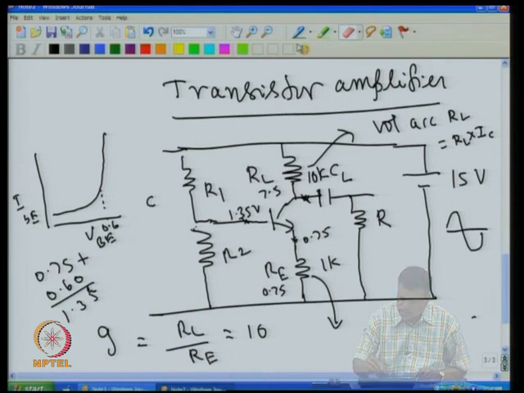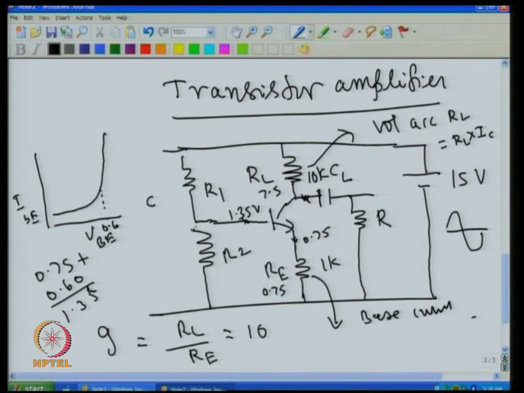Sorry, actually the emitter current is 0.75 milliampere. That means the base current will be 0.75 milliampere divided by 100. Here we are taking 100 as the beta of the transistor.